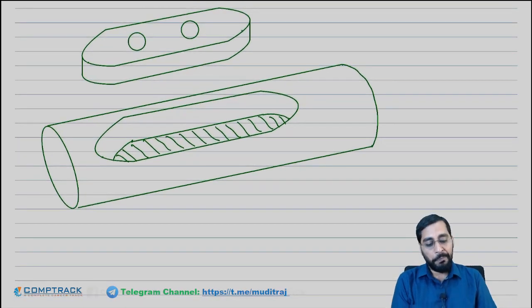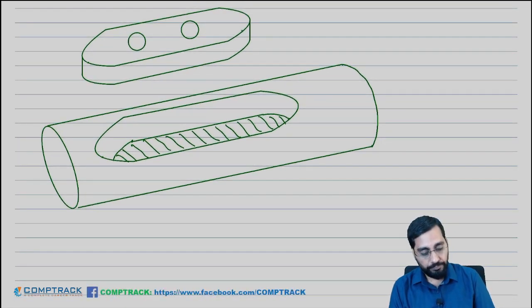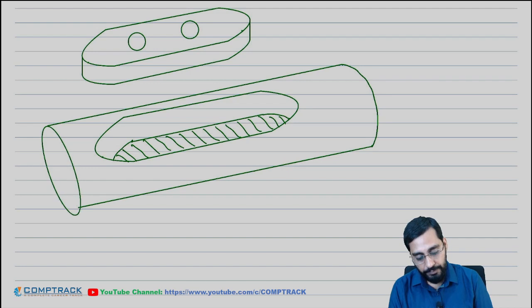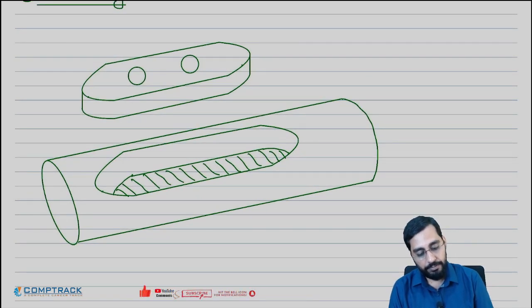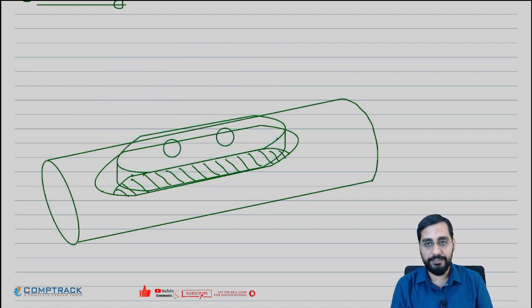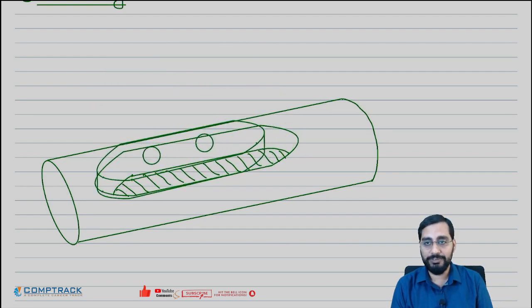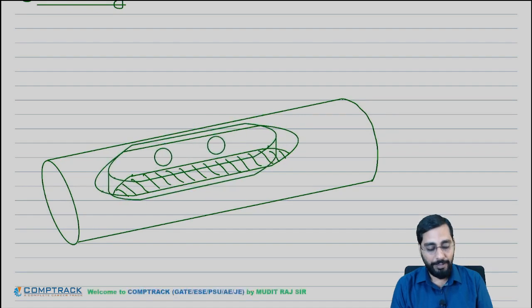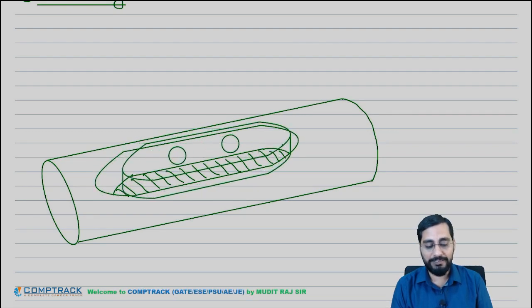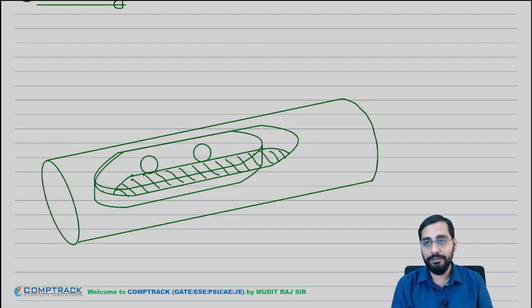When this key goes inside this shaft, it can have slight axial movement inside the hole. The hole is slightly bigger than the length of the key. Can you see the figure?